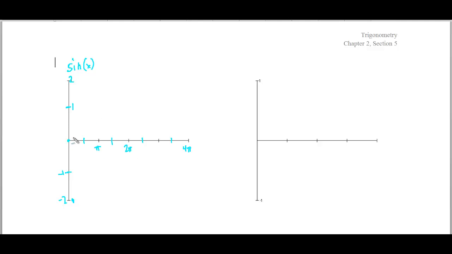Starting at the origin, we go to 1 at pi over 2, then pi, then -1 at 3 pi over 2, and back to 0 at 2 pi. So this is one cycle of sine, and here's the second cycle. And there we go, there is our sine wave, 2 cycles of sine.